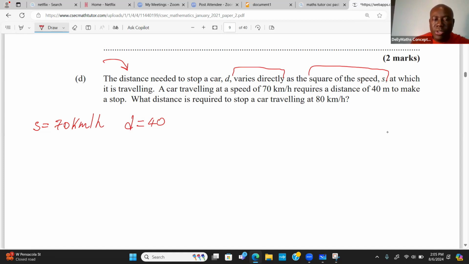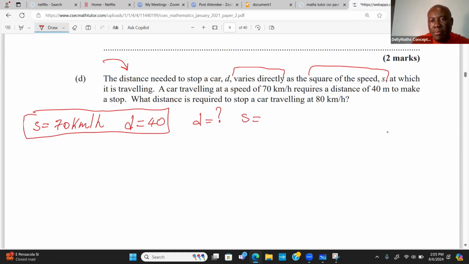So we have this as what we know, and then they want us to find out what will be the distance required with a speed of 80 kilometers per hour. All right, so this is where we're going.